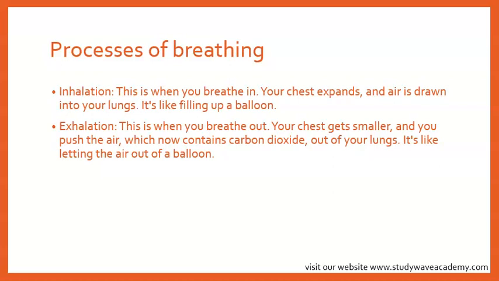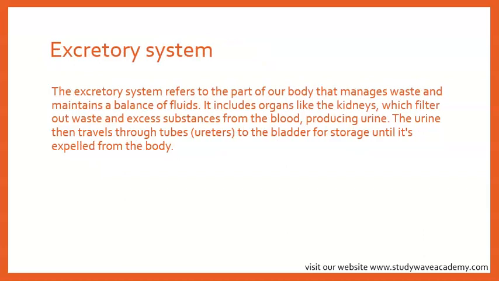Good. So next we're going to be looking at the excretory system. The excretory system refers to the part of our body that manages waste and maintains a balance of fluids. It includes organs like the kidneys, which filter out waste and excess substances from the blood, producing urine.